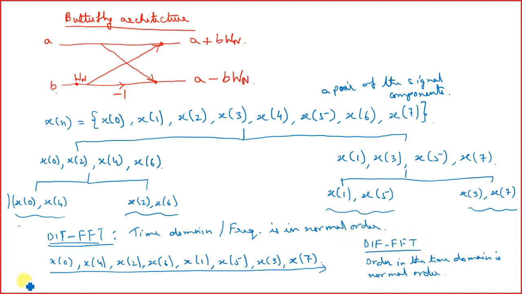That means the frequency component, what you will be getting, will be in the order of capital X0. See, the signal components in the time domain I have written in small x. Capital X means we are talking about the frequency domain components. Okay, so the frequency domain output would be in this order in DIF FFT.